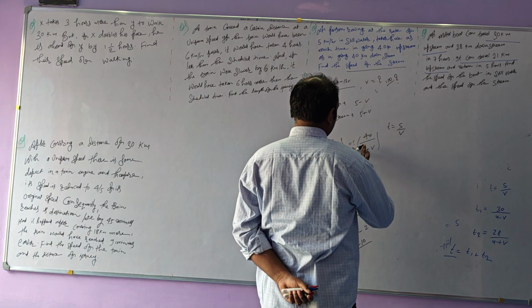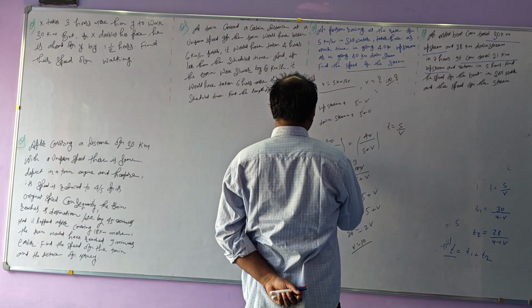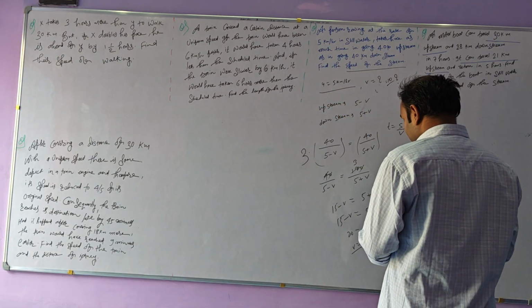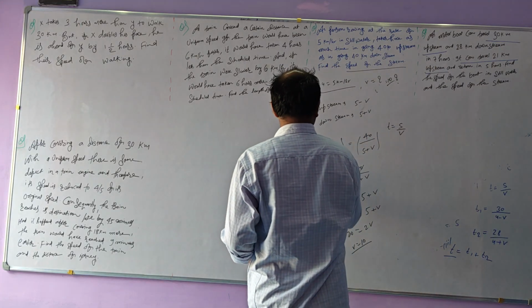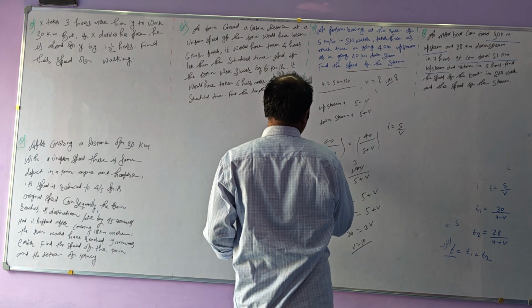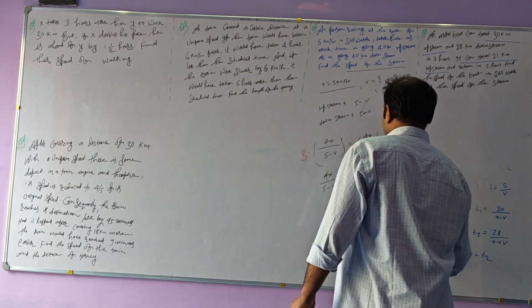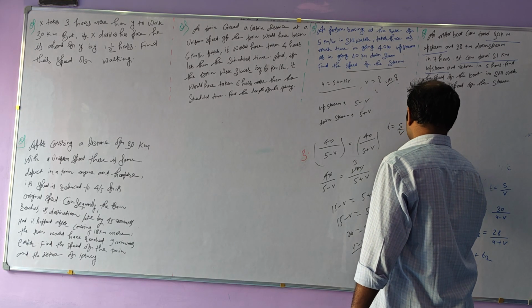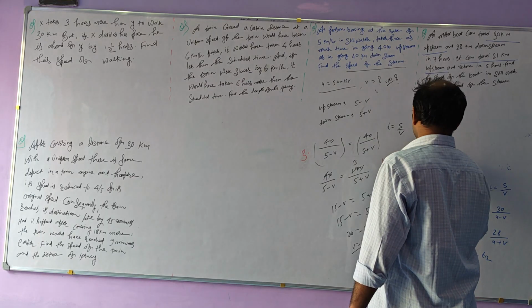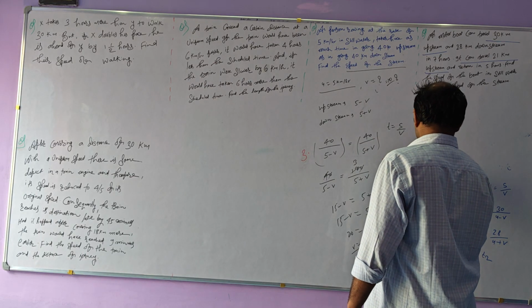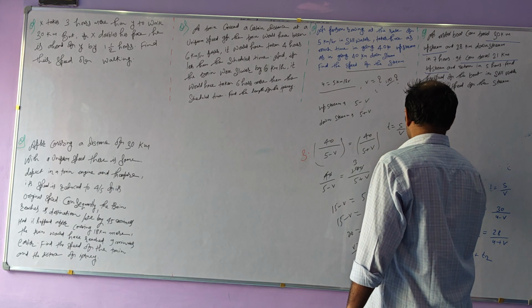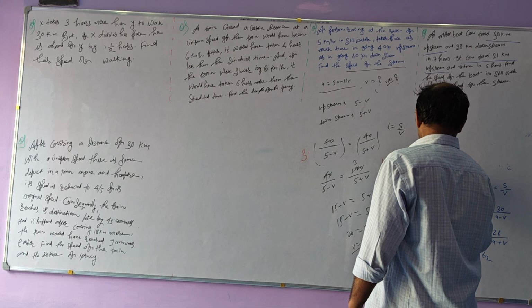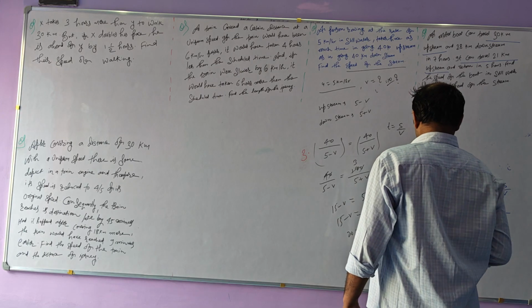So we apply thrice properly, and we get the result 120 upon 5 minus v is equal to 40 upon 5 plus v. That gives 5 plus v equal to 15 minus 3v.